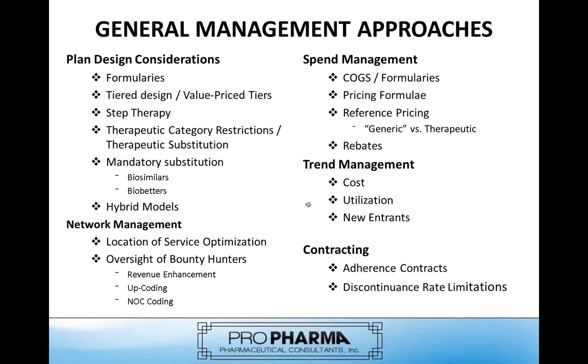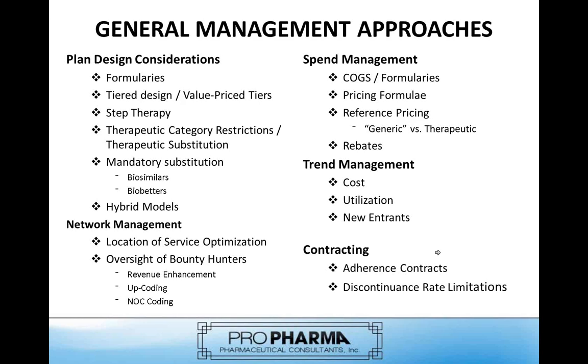The cost management and the utilization management both go along in lockstep, as well as management for what you do about new entrants into a particular category and how they're going to be handled with regard to clinical information that is established with regard to formularies. There are also issues with regard to whether people are complying and whether they take drug holidays or discontinue the medication.